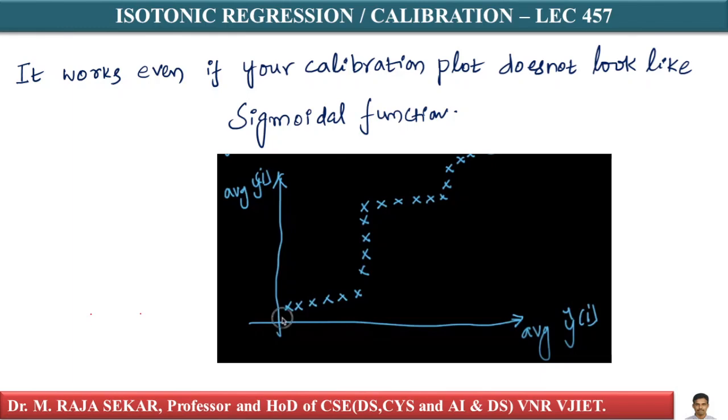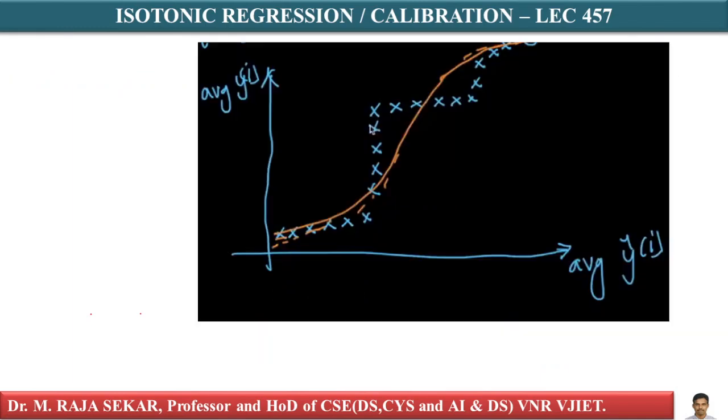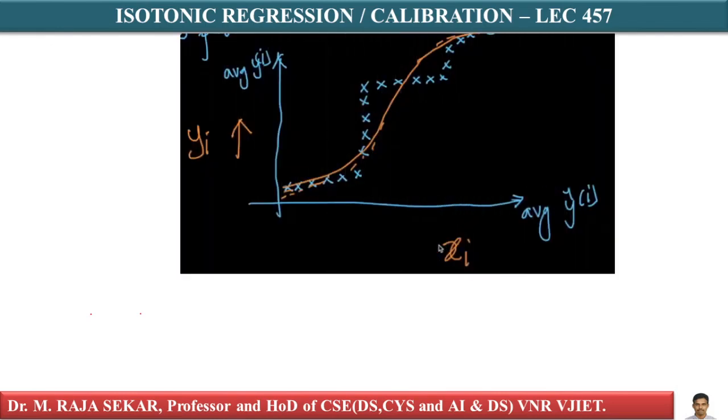Given this, a simple sigmoidal function will not work, because a sigmoidal function will try to fit something like this. Just think of this like a regression problem. This is your xi and this is your yi, isn't it?